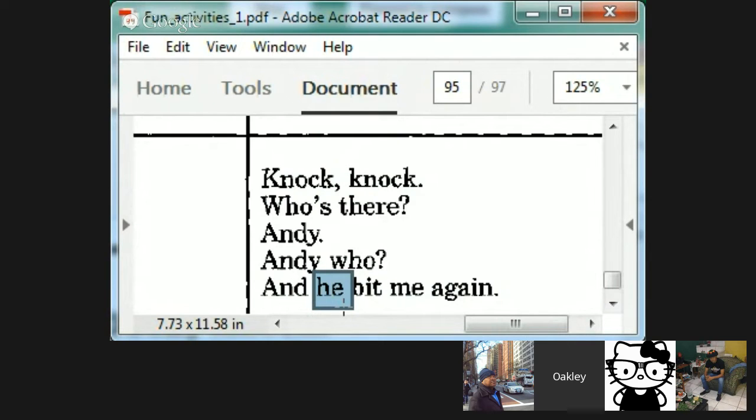The pronouns, actually all of the pronouns that begin with H: he, his, her, these all get greatly reduced in spoken English. The H at the beginning of the word gets dropped pretty much always in conversational English.